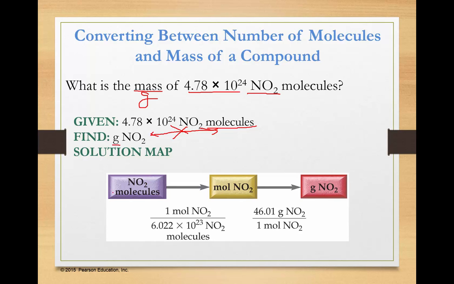So now we've got moles in the middle. We're going to start with the number of molecules and we're going to go to moles. Okay, so here's the relationship. There's moles. Here's molecules. So I'm trying to go from molecules to moles. Remember that relationship: 1 mole of anything, does not matter what it is, is 6.022 times 10 to the 23rd.